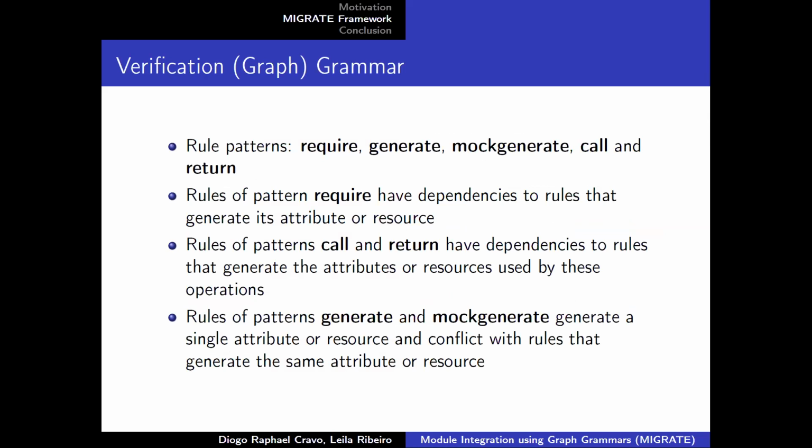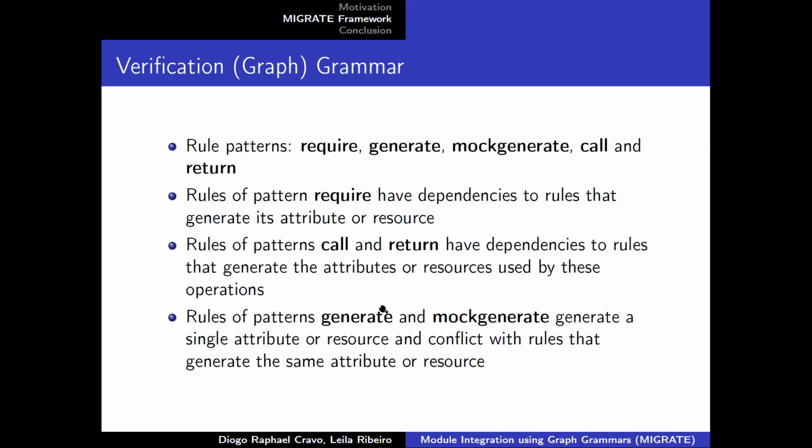It's either a require, which is a rule that has dependencies to rules that generate its attribute or resource. Require rules always require exactly one attribute or resource. There's the call and return rules, which are the call and return of operations, and they will always depend on rules that generate the attributes or resources that are needed for those operations.